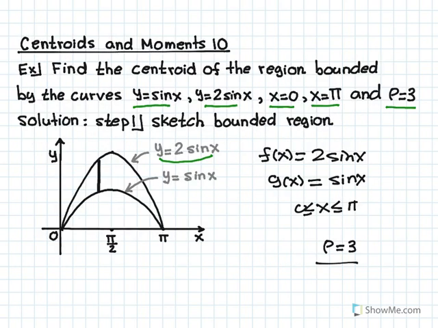And if you look at a diagram, you can clearly see that the region is symmetric about x equals pi over 2. This right half of the region is exactly the same as the left half of the region. It's like placing a mirror across x equals pi over 2. So clearly you can see that x bar lies on the axis of symmetry. X bar is pi over 2, and our goal now is to find y bar.